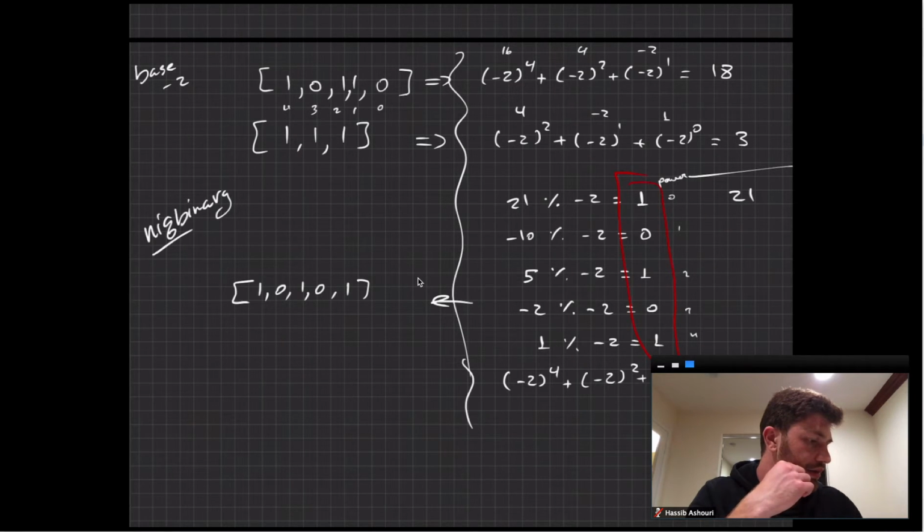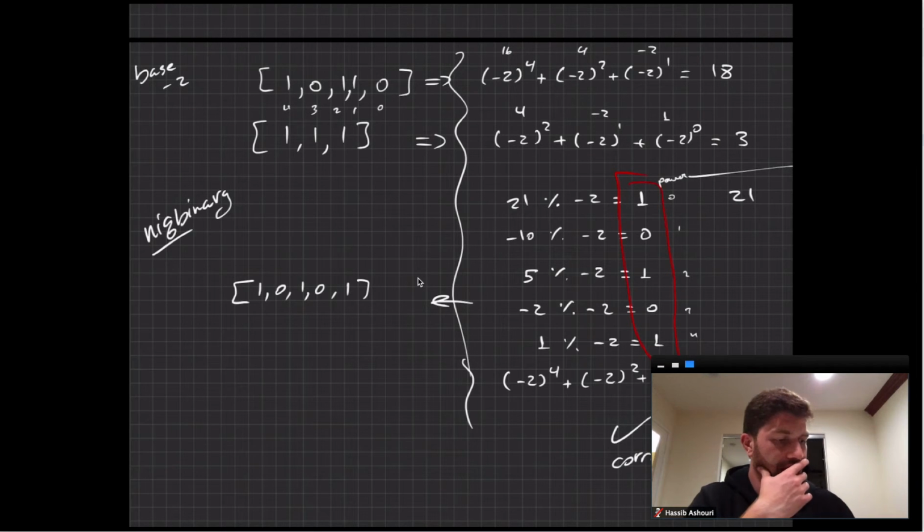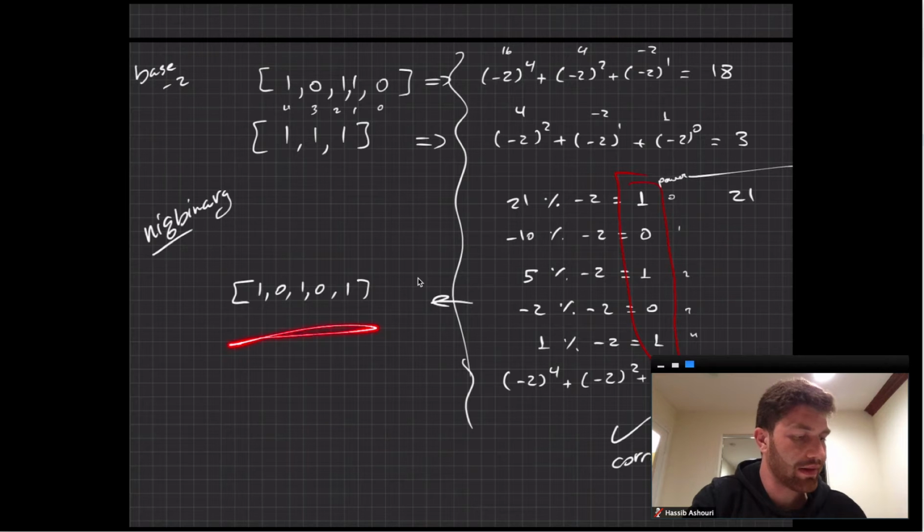And -2 to the power of 4 gives me 16, plus 4, plus 1, and that will give me 21. So the math here is correct. And this is the array that I got right here.